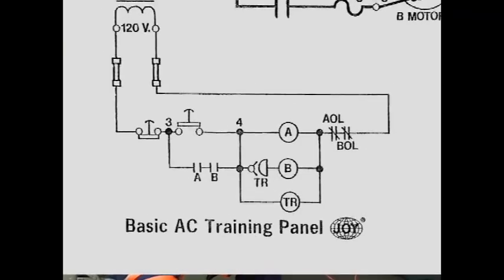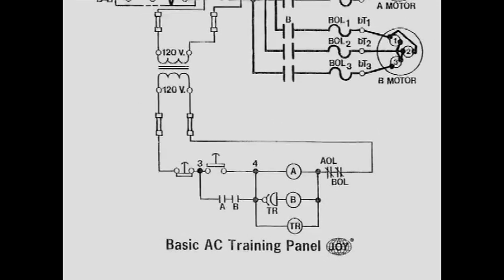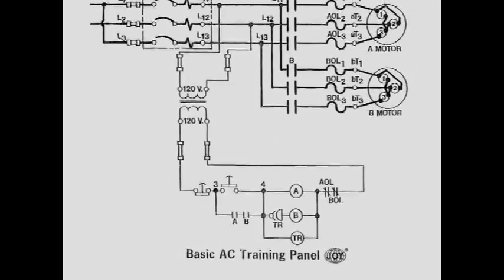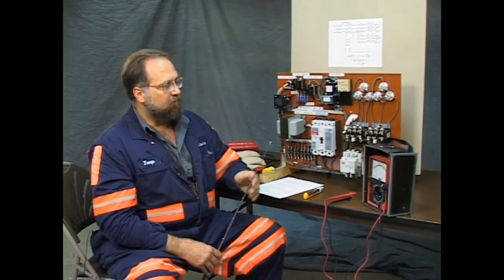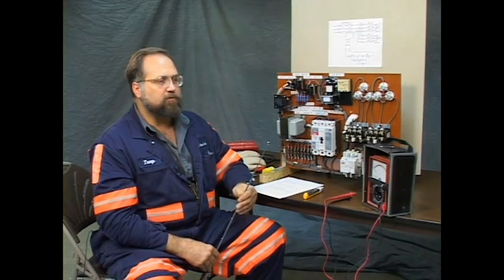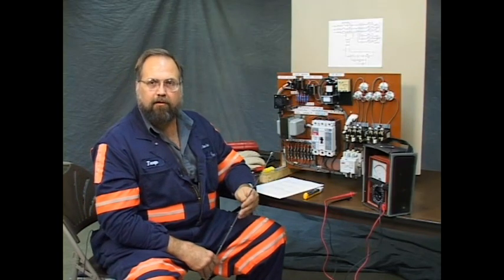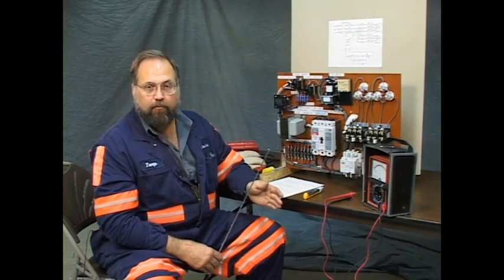Note that the BOL micro switch is not in series with the motor circuit. It's in with the motor control circuit. So when it opens, in the event of an overload, it takes away the return path for the coils on the contactors. When the coils lose power, they drop out. They're no longer an electromagnet.